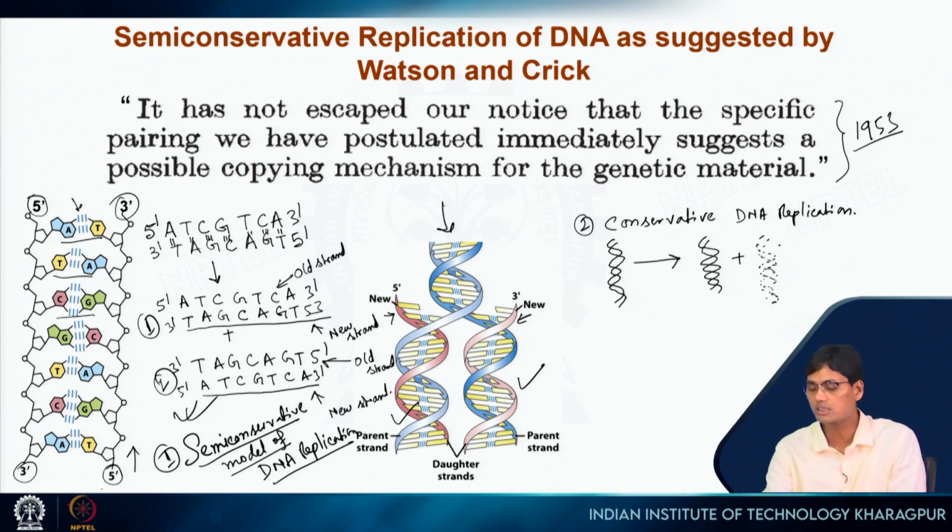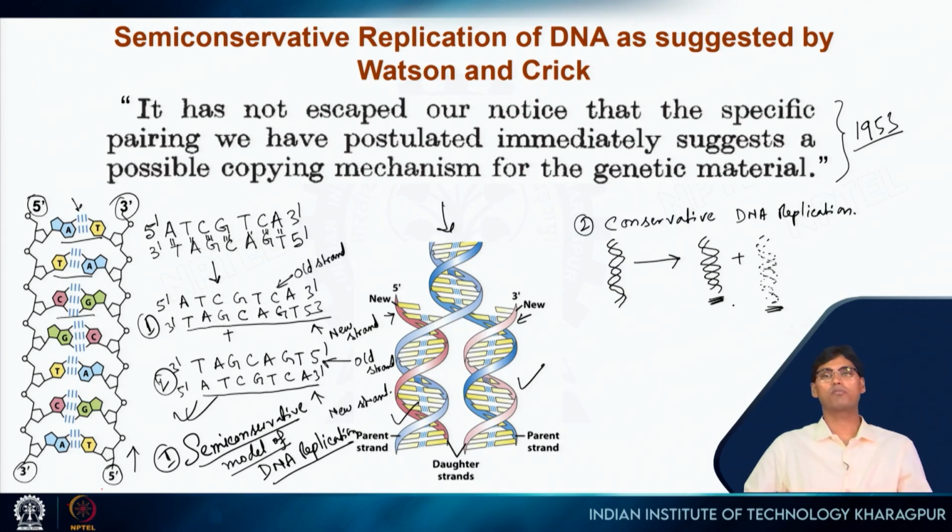So here both strands are new, and here both strands were old or the parental strand. So the parental DNA is conserved here, and both strands contain new strands in this DNA. That's why this is called the conservative mode of DNA replication.